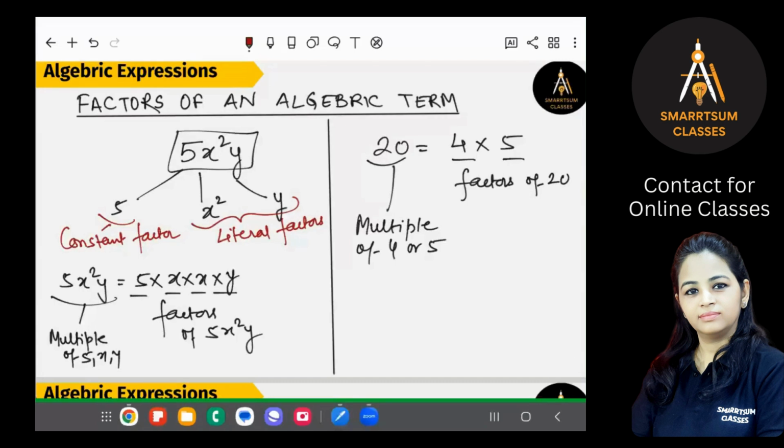So you can see here that x square and y are called literal factors, whereas 5 is called the constant factor of this algebraic term 5x square y. I hope everybody understood this.